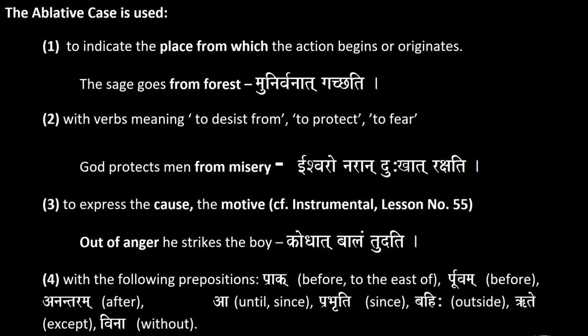Number 2, with verbs meaning to desist from, to protect, or to fear. Number 3, to express the cause or the motive of something, very similar to the instrumental case. We learned about that in lesson number 55. And number 4, with the following prepositions that we will be learning about.